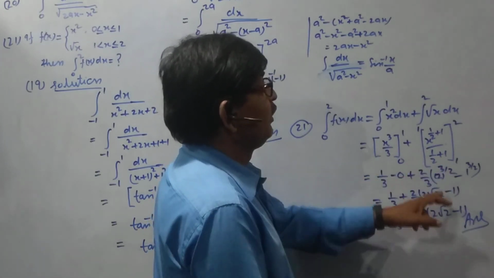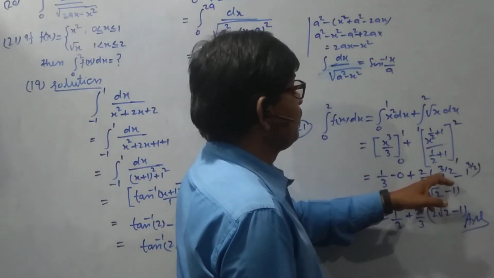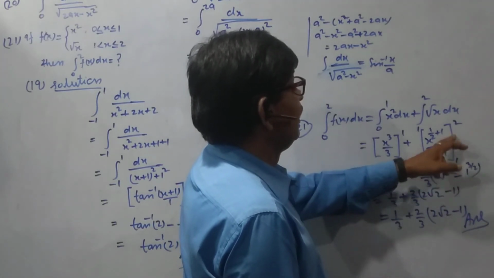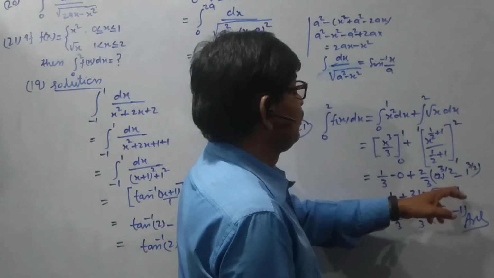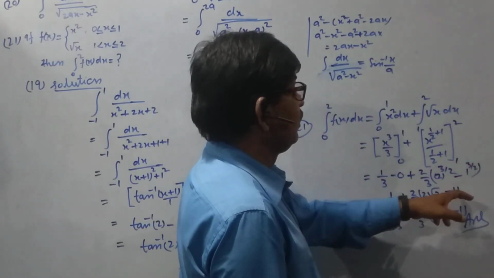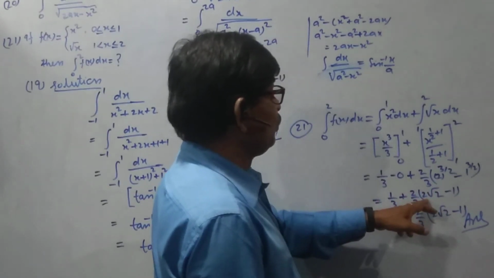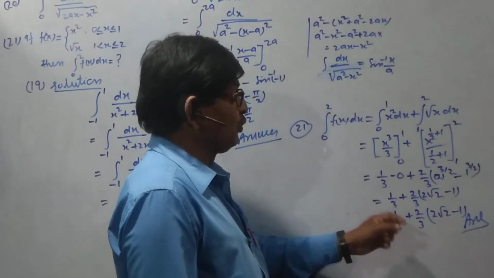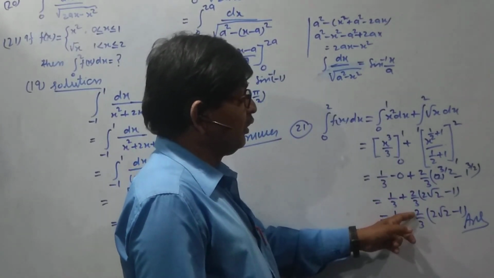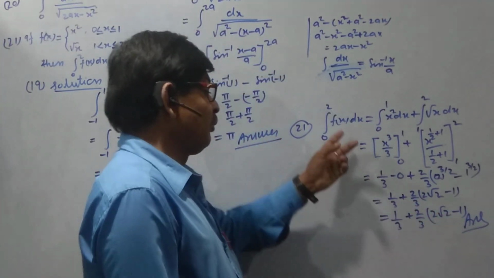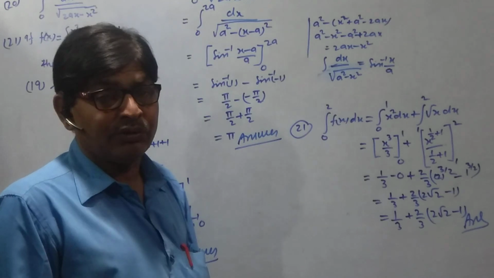Putting x equal to 2 and 1: 2 to the power 3 by 2 minus 1 to the power 3 by 2, which is 1 here. This can be written as 2 root 2, and with the 2 by 3, we get 1 by 3 plus 2 by 3 times (2 root 2 minus 1). This is the value of our integration.